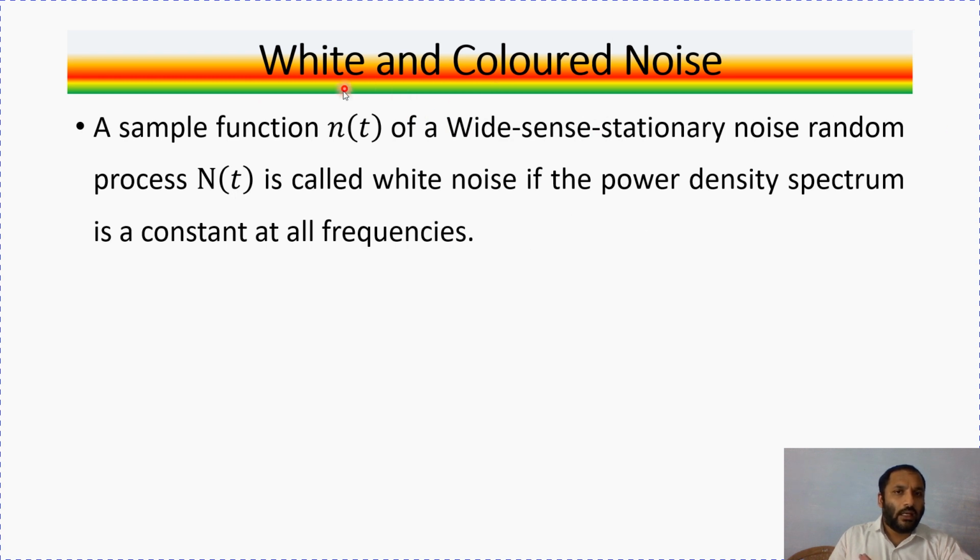So these are quite opposite types of noise. So I will define what is a white noise, and from there I will define what is a colored noise. First of all, let us study what white noise means.